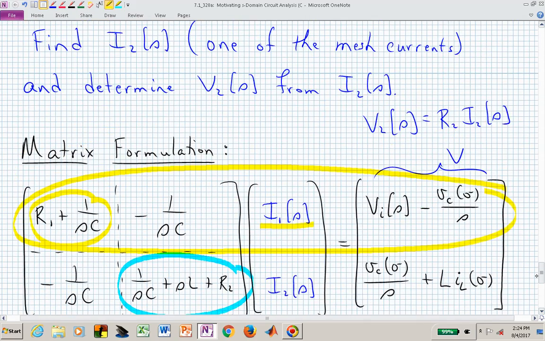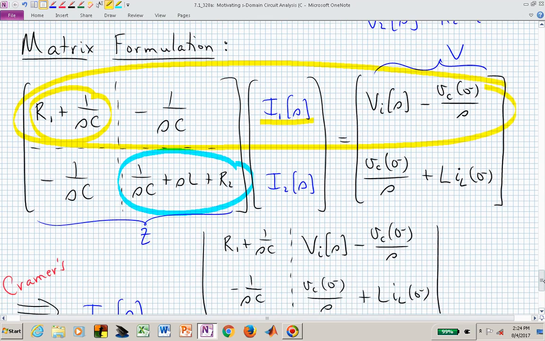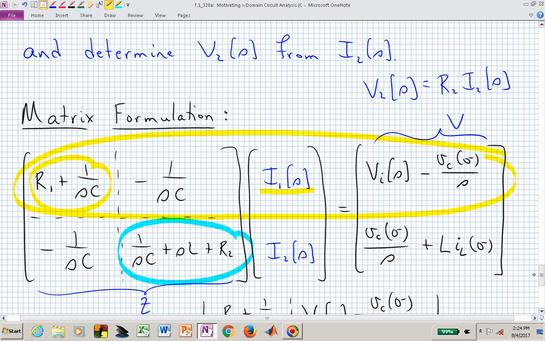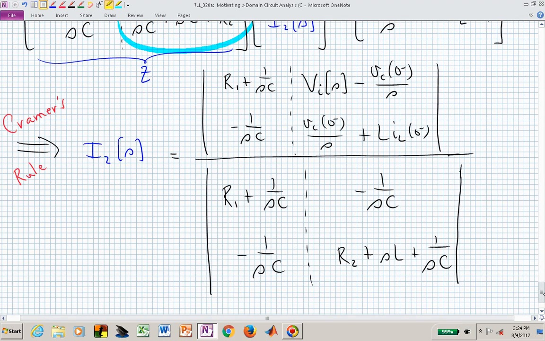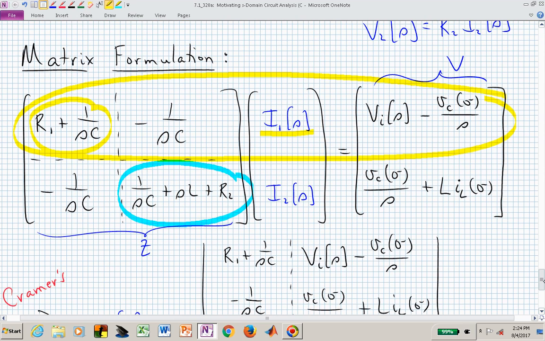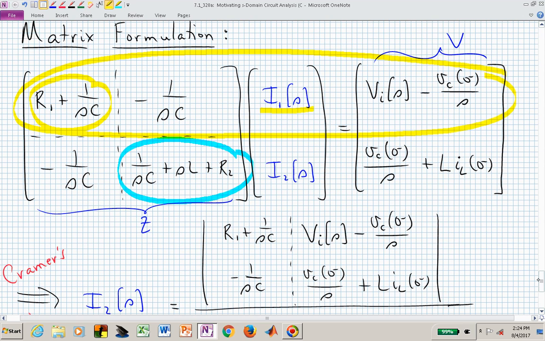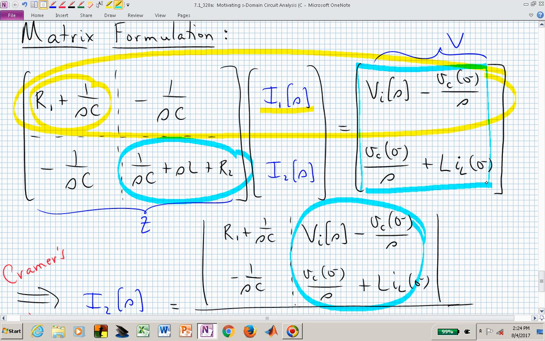And that's what we have to create this matrix formulation, which is really just Zi equals V. Then we can use Cramer's rule, which is a ratio of determinants. If we're solving for I sub 2, in the numerator the vertical lines just mean the determinant of this 2 by 2 matrix that has polynomial entries in S. But now the second column is the right-hand side of our Zi equals V equation.